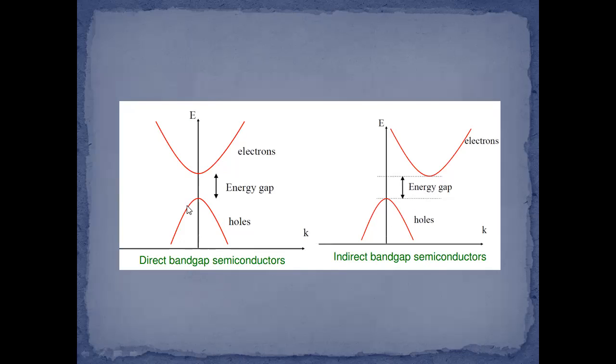So the transition from the conduction band to valency band is easier in direct band gap semiconductors, whereas it is a little bit critical in indirect band gap semiconductors.